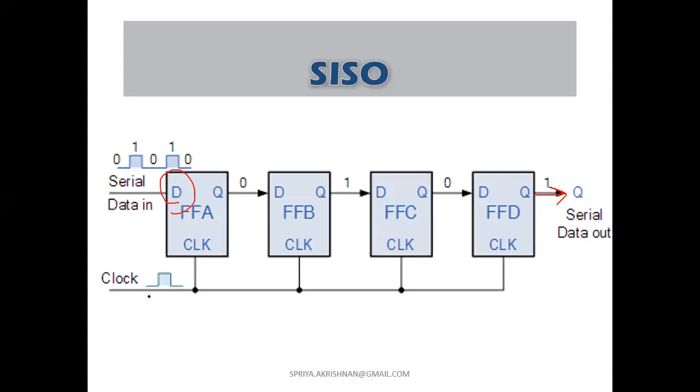If I apply the first clock, the data will go into the first flip-flop. Second clock, the data will jump to the second flip-flop. Third clock, data jumps to the third flip-flop. And finally, on the fourth clock, the data jumps to the fourth flip-flop and comes out.